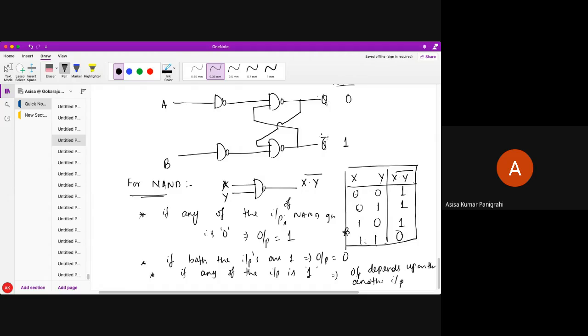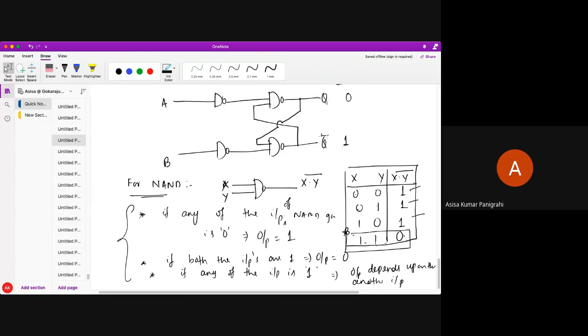If the next input is 1, then it is 0. So these are the three important concepts you need to understand about the NAND gate. If any of the inputs is 0, output is 1. If both the inputs are 1, output is 0. If any of the inputs is 1, then the output depends upon the other input.